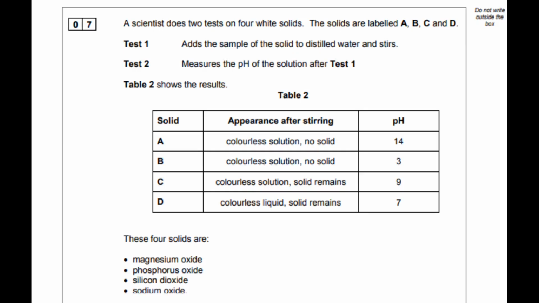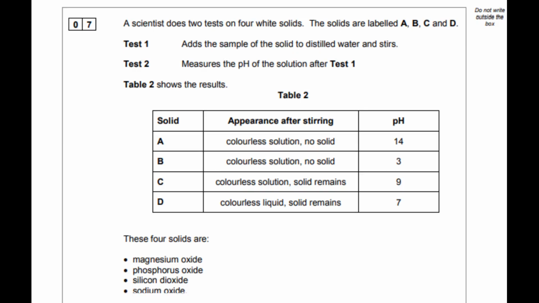Then we have solid D. It was put into the water. A colorless liquid was formed, and then solid remained. So we also have some solid in that one there, and that one has a pH of 7. Colorless liquid and solid remains. Now this is a bit interesting, because the others say solution, but this one says colorless liquid and solid remains.